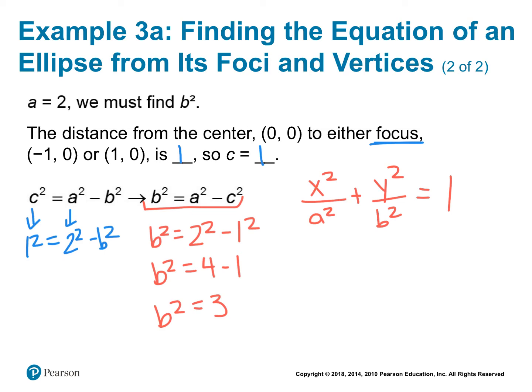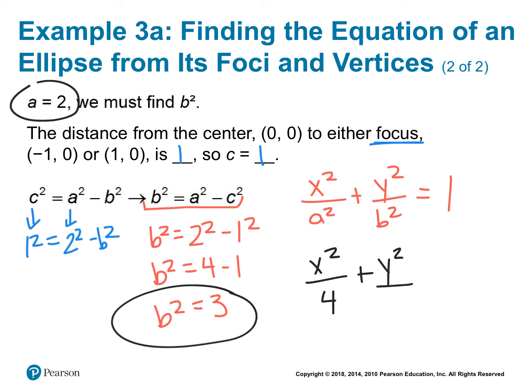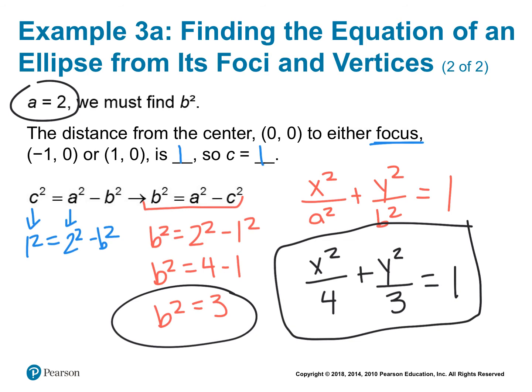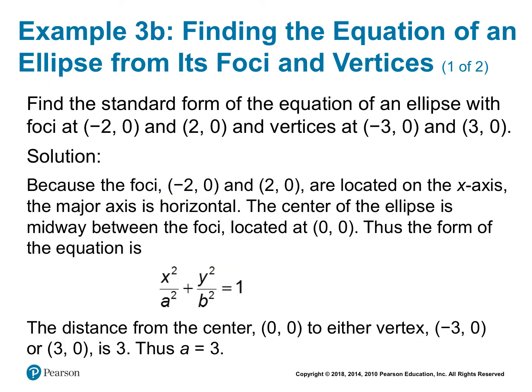So if I replace my values, I'd have x squared over 4, because we said a was 2, so a squared is 4, plus y squared over, we just said b squared is 3, equals 1. So that would be our standard form. Okay, then I have another example here you can look at on your own.